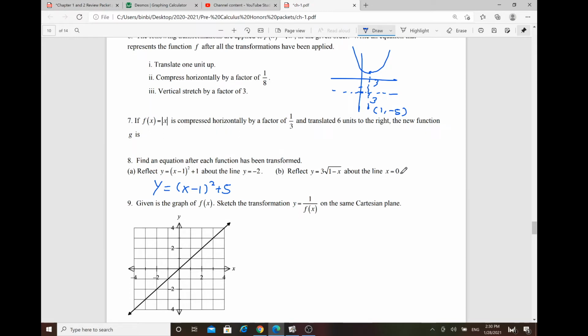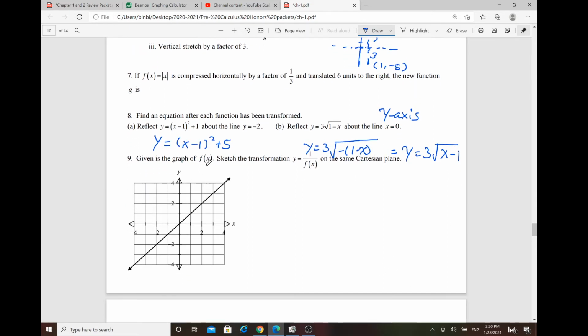It's reflected over the line of x equals 0. That means it's the y-axis. So if that's reflected over the y-axis, it's y equals 3 times square root of negative times 1 minus x. Like that. In other words, this one is just considered y equals 3 times x minus 1.